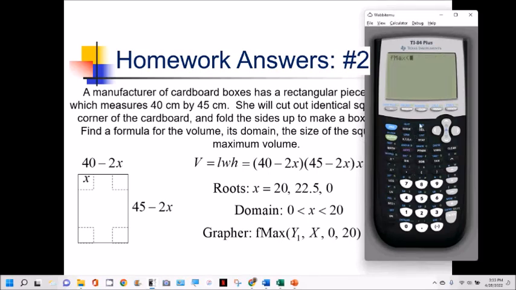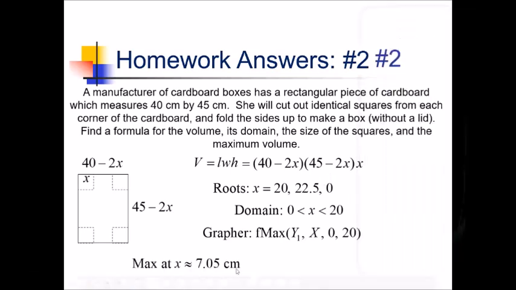And I have to pull back y1 where I stored the function, so I'll do alpha trace, and then I've got the y1 already pulled up in that menu. And then let me do a comma, x, comma, and then 0, comma, 20. And then pressing enter gives me the x value, roughly 7.05. So that's going to be in centimeters, and that's the length of these squares that maximizes my volume.